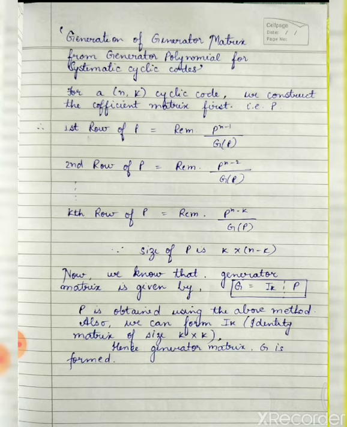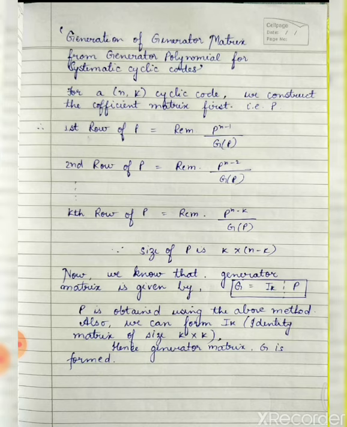So we will build an identity matrix of 4 cross 4 size. Identity matrix, we all know, is a square matrix which has elements only along its diagonal, and the element is set to 1. So I_k can be easily built. P is the coefficient matrix which we will calculate by using the above steps, and easily we can take out the generator matrix.